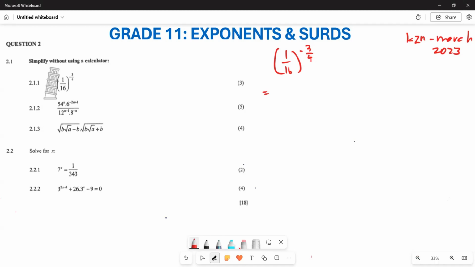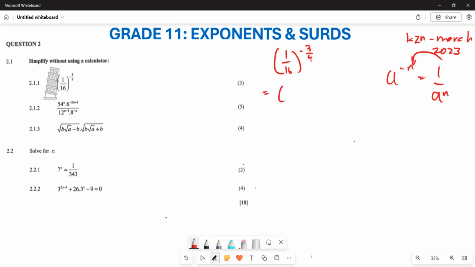Remember that a to the power of negative n can be written as 1 over a to the power of n, which means you can also move backward like this.